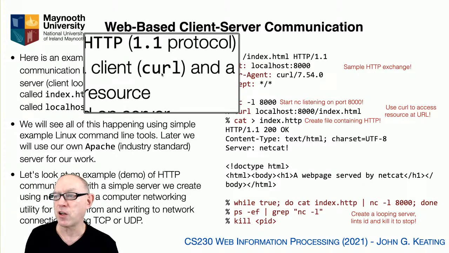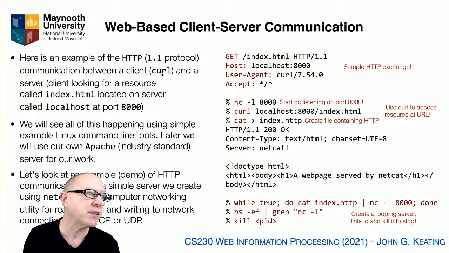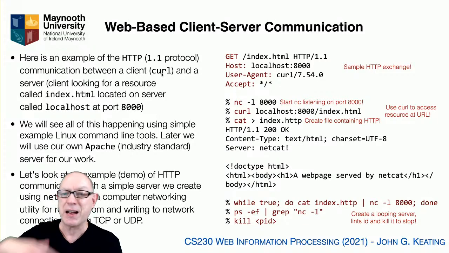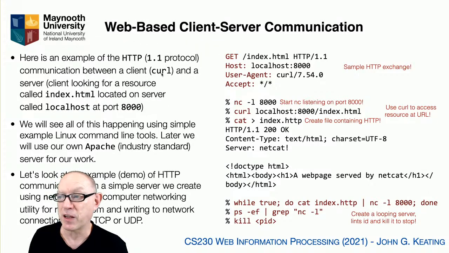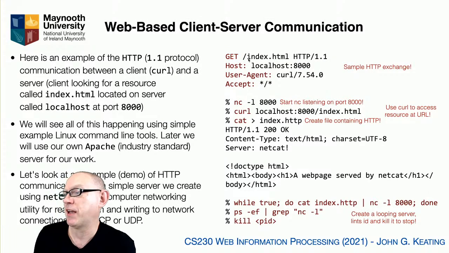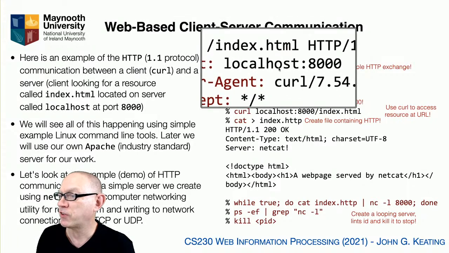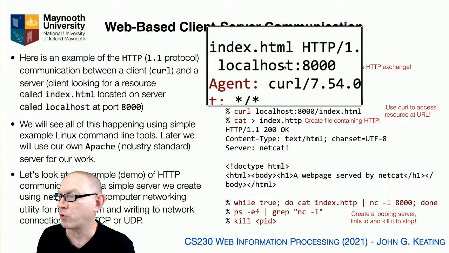We're going to use a client called curl, C-U-R-L, a command line piece of software that allows us to download something from somewhere on the web from the command line. We're going to look at the server. We're using curl to produce the desired effect, which is to download this file called index.html from this server running on localhost and port 8000.